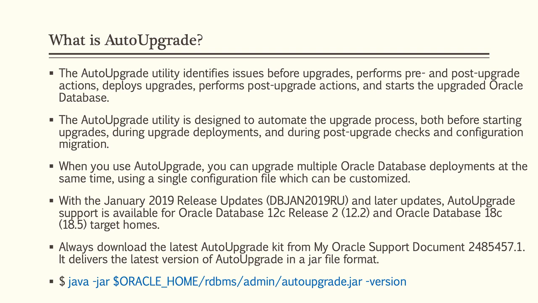As an example, imagine that I have an old version of an Apex schema. At the most, what the upgrade utility can tell me is that there's a non-compliance: you are using an old version of Apex.